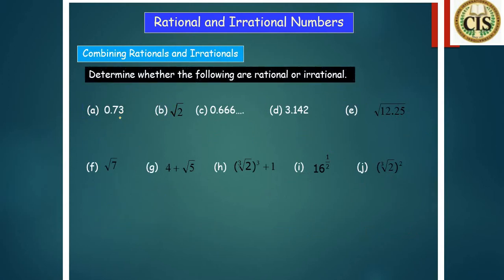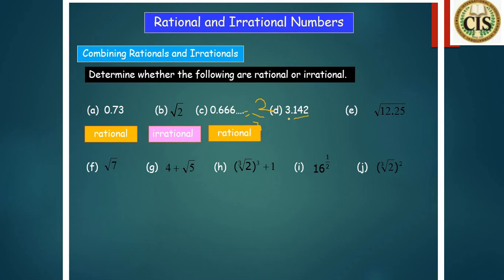In decimal form, 0.73, is it a terminating decimal or a recurring decimal? It's terminating, therefore 0.73 is a rational number. √2, irrational. 0.6666 in the end equals 2 out of 3. 2 out of 3 means a rational number.